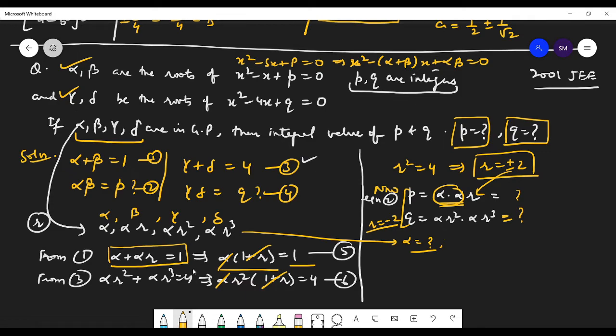Because alpha can be a fraction as well as an integer, but alpha is supposed to be an integer. It is given p and q are integers, and you have to find the integral values of p and q.